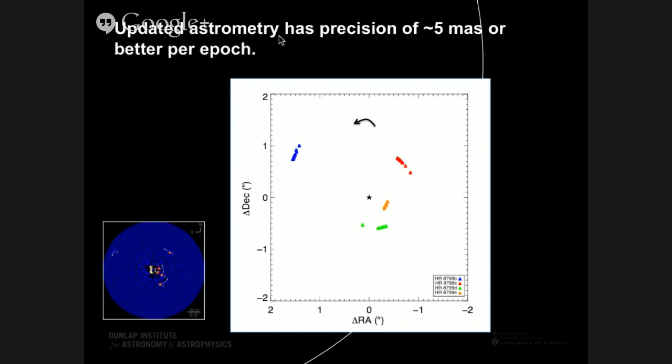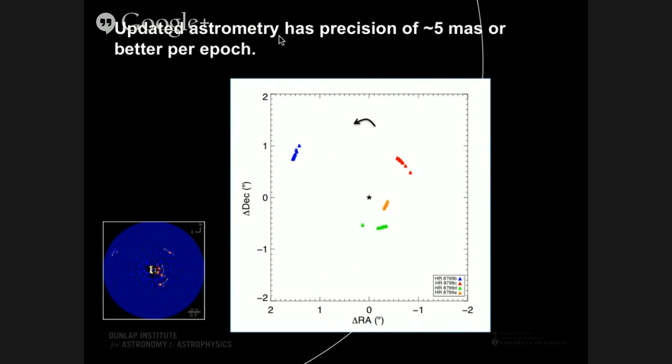Our astrometric precision is about 5 milliarcseconds, which, if you've heard the astrometry talks from some of the other groups that do astrometry at Keck, is not super impressive. Usually they're pushing to below a milliarcsecond. But given the number of biases that we're dealing with, this is basically the floor that we're hitting, at Keck at least. But it's still good enough to start to do some orbital analysis and look for these eccentricity signatures, for instance, to try to come back to formation.